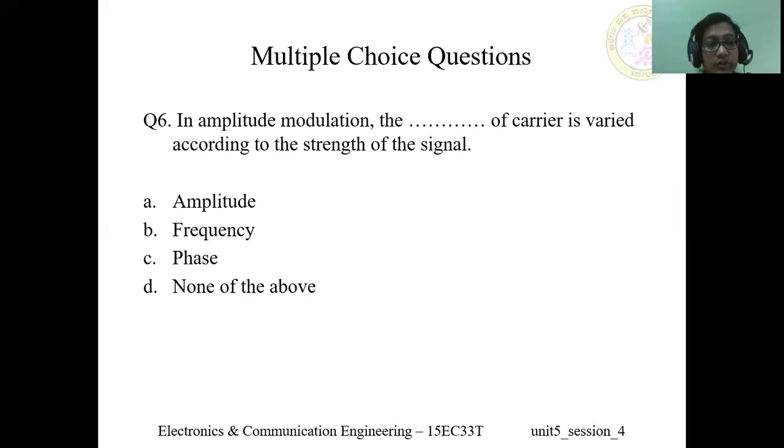Question number 6. In amplitude modulation, the dash of carrier is varied in accordance with the strength of the signal. Options are A, amplitude, B, frequency, C, phase, D, none of the above.